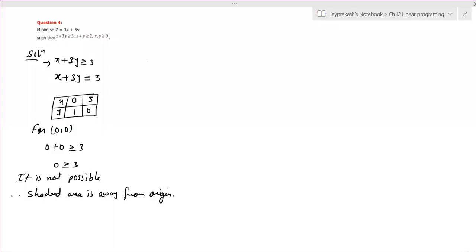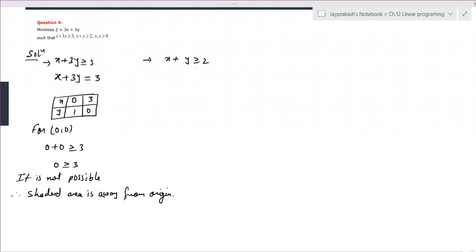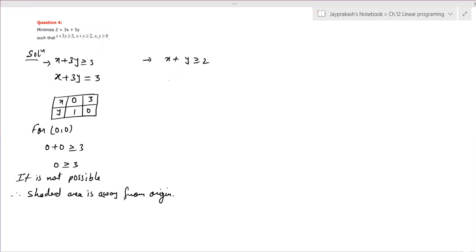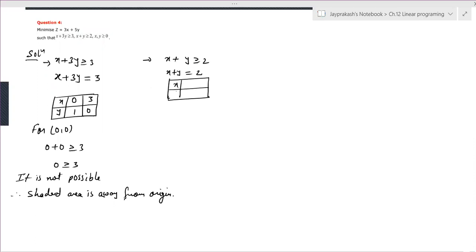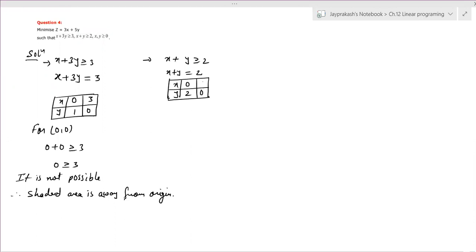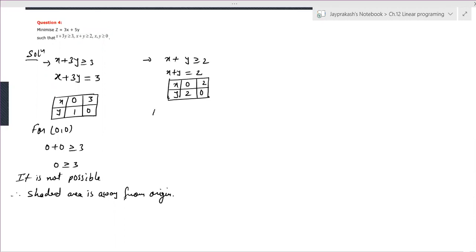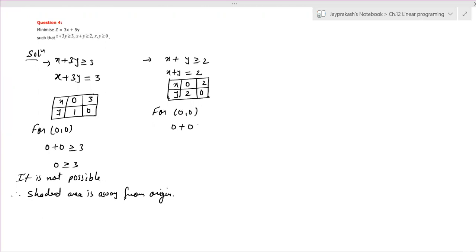So let's solve the second inequality, that is x + y ≥ 2. When x is 0, we write x + y = 2. So if x is 0, y is 2, and if y is 0, x is 2. Now for the point 0, 0: 0 + 0 ≥ 2 is again not true.